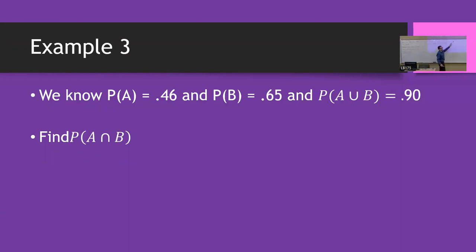I want you to do that on this one. Now, for this one, you're given the union and not given the intersection. So try to find the probability of the intersection on this one.